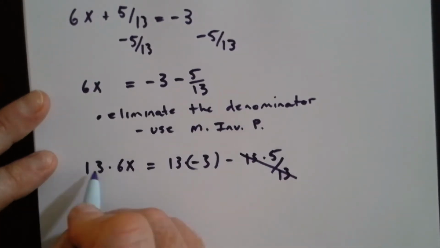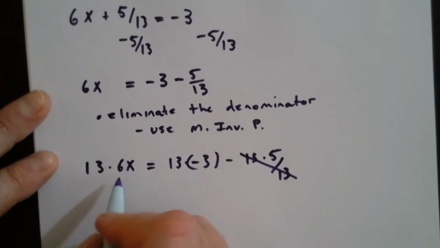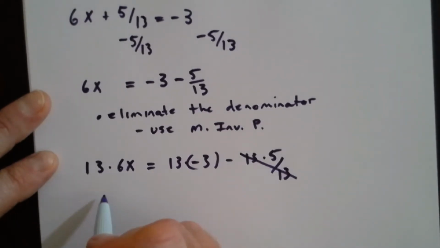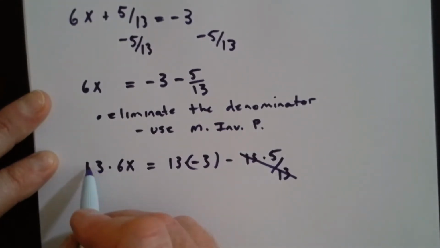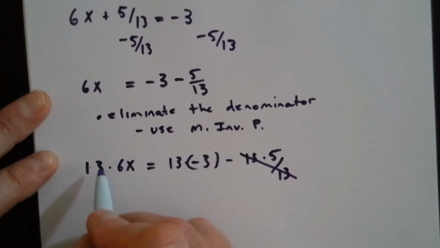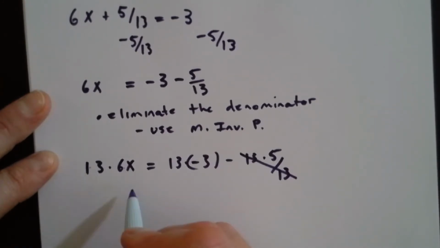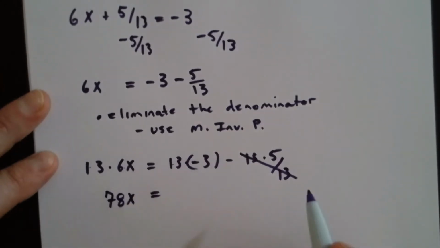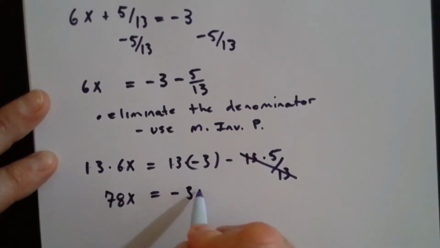And we're left with 13 times 6 is going to be 78. 13 times 6. 3 times 6 is 18. Carry the 1, 78. 13 times 3 is 39, but minus 39.